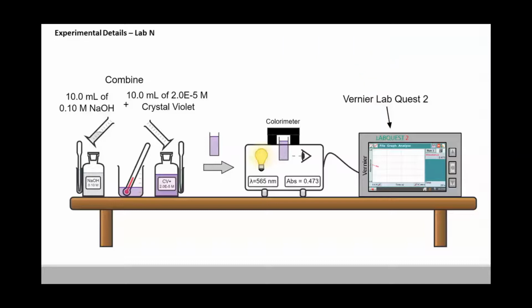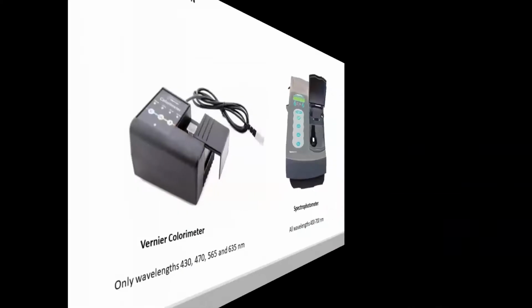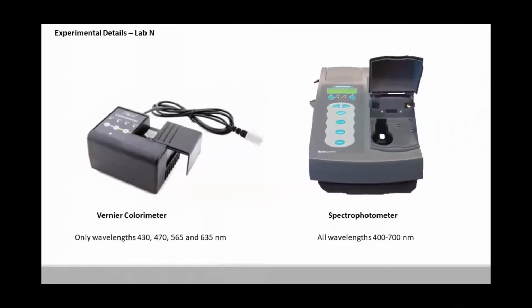A few words about this experimental setup before we turn to the physical lab and watch Scott perform the experiment. Scott will use a colorimeter instead of a spectrophotometer. Both instruments measure the degree to which a solution absorbs a beam of light at a set wavelength.